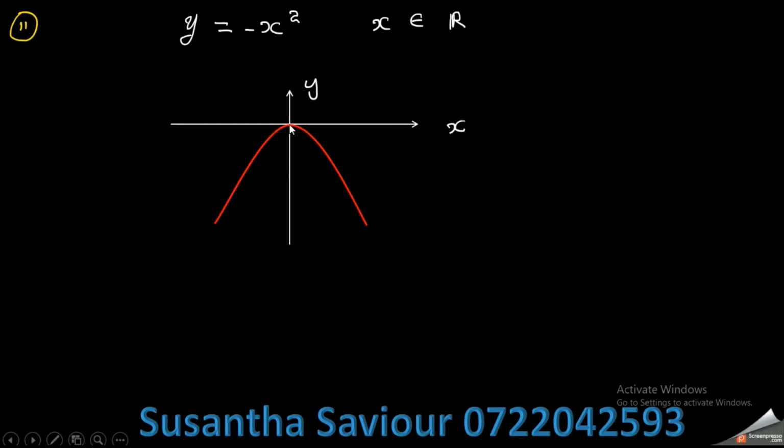So all the y values are below this. So all the negative values are being taken. 0 is also taken. So y is less than or equal to 0 here. When it was the positive case, it was greater than or equal to 0. When it is the negative case, y is less than or equal to 0. See how beautifully they are changing.